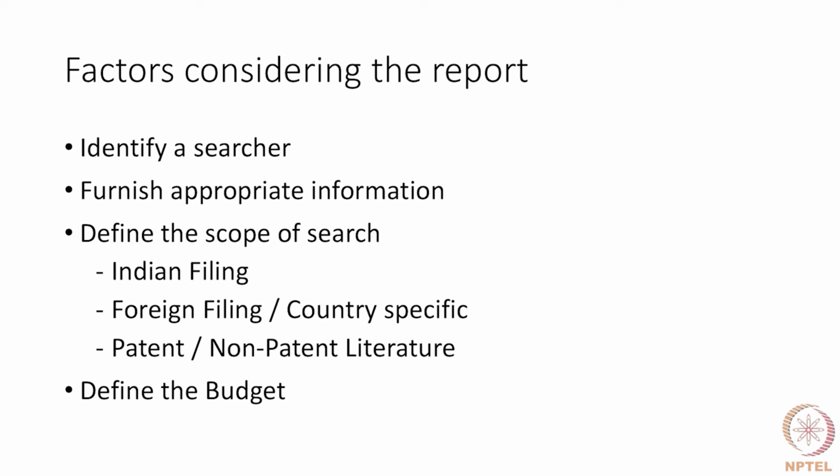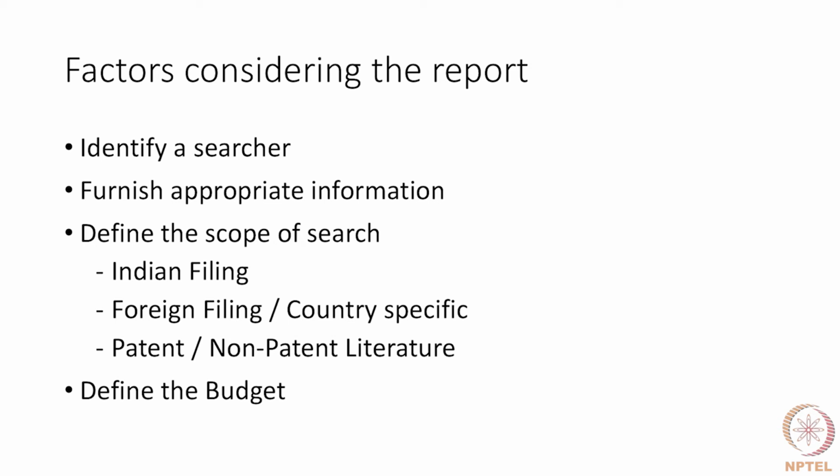Or you could also stipulate whether the search should contain patent literature and non-patent literature. So, in all these cases, you would be describing the scope of the search based on which the search report will be generated.